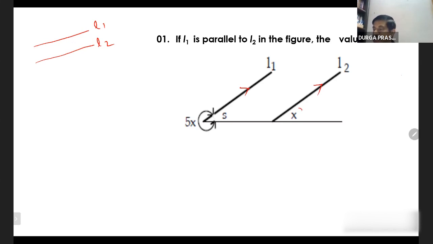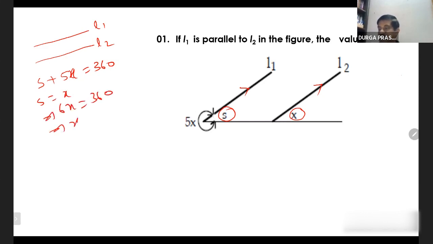So angle S and angle X should be equal. So this is 5x. So S plus 5x should be 360. It's a circle. But S is also equal to X, which implies 6x is 360. So that implies X is 60 degrees.